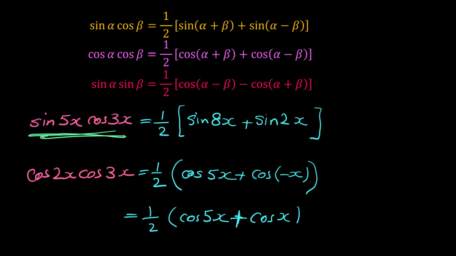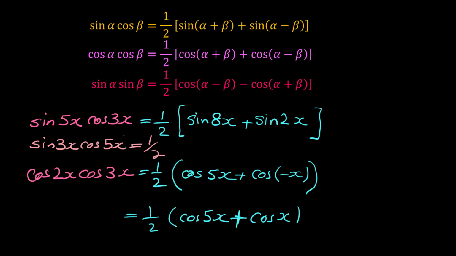Now suppose instead of this question, we have sine of 3x cosine of 5x. So sine of 3x cosine of 5x. Let's write this in the form of a sum.